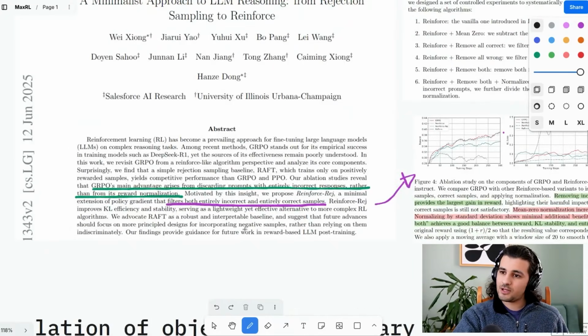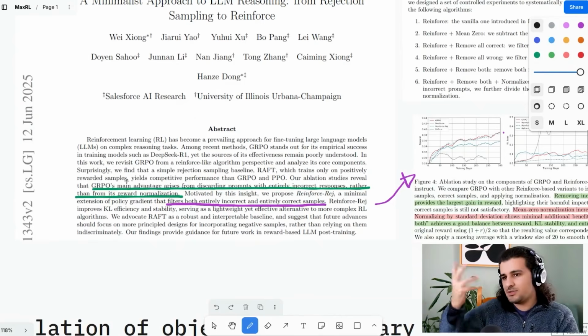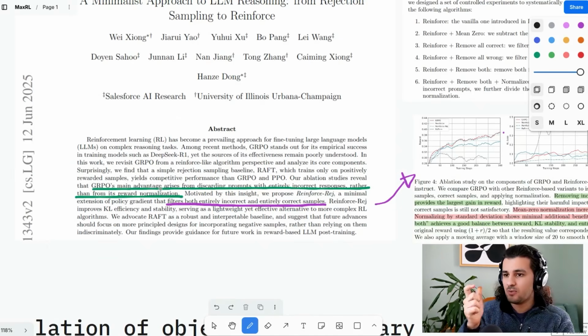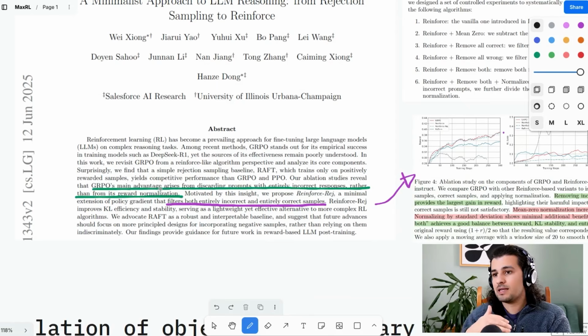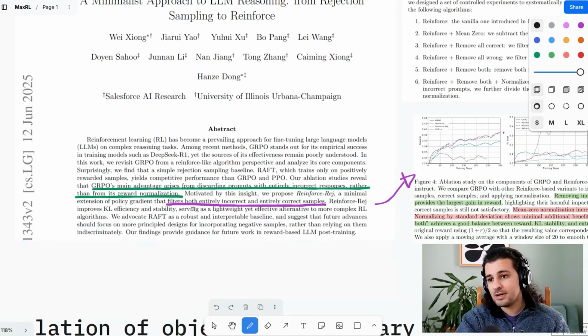They had the RAFT algorithm, which is basically you just discard the draft and only train on positive reward samples. So you take only the top ones, you take the ones that work and you discard the ones that don't. And with this they were able to understand why GRPO worked well, which is not the weird normalization that is happening, but mainly the fact that it's filtering the too hard and too easy questions, in some shape or form.